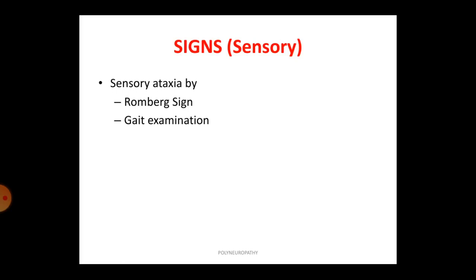What is the clinical significance behind this? For example, if your patient is suffering from sensory ataxia, it means the joint position and joint movement are lost. In short, we can say that proprioception is lost. If proprioception is lost, the patient will be dependent on the visual system. So the patient doesn't know whether my ankle is in plantar flexion, neutral or dorsiflexion.